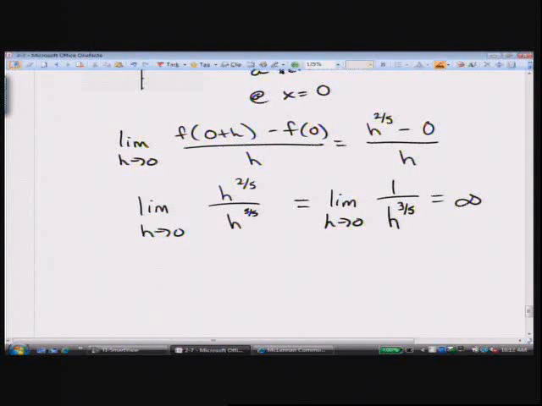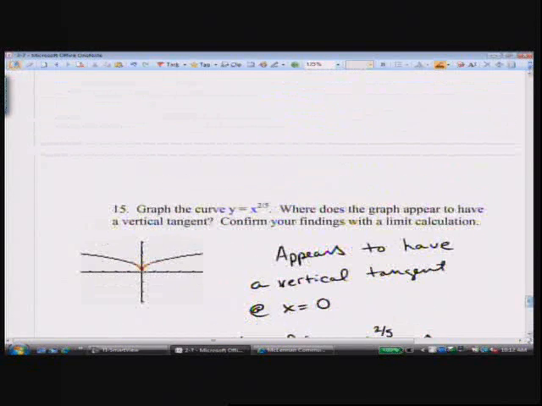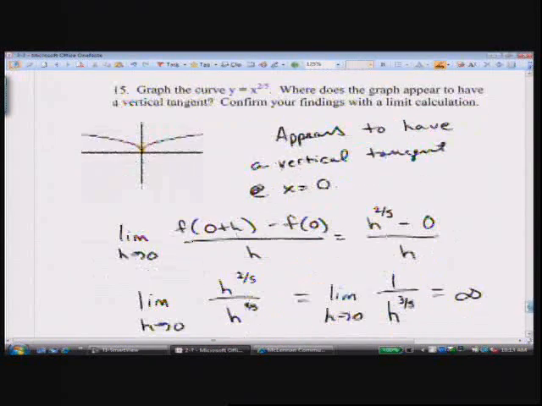So the limit doesn't exist, and this is the indication. You can see that the slopes are getting steeper and steeper until they're eventually vertical. Does that make sense? So you have trouble with your limit. You don't get a pretty limit. I mean, it's pretty in its own way, but it's not numerical. You can't hold on to it.